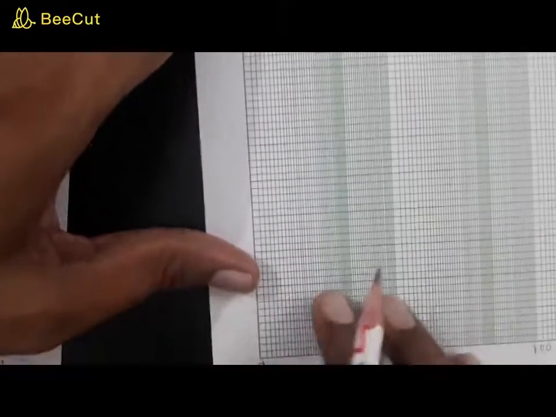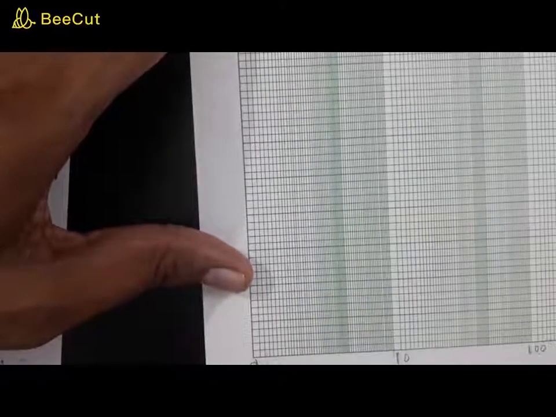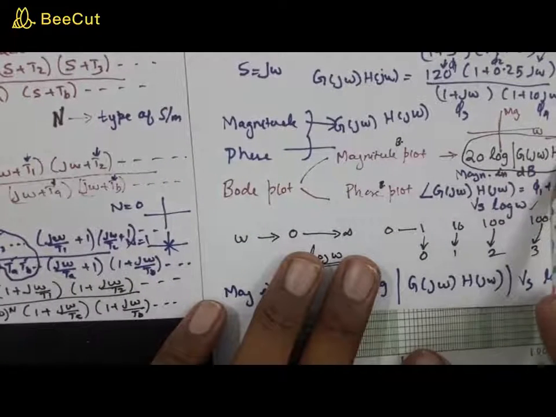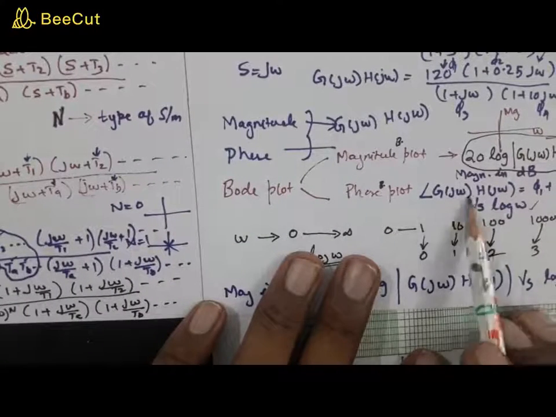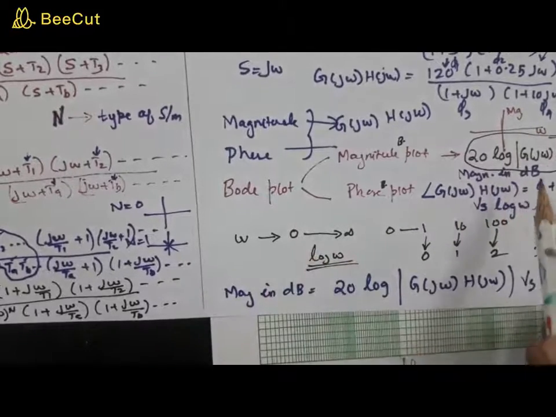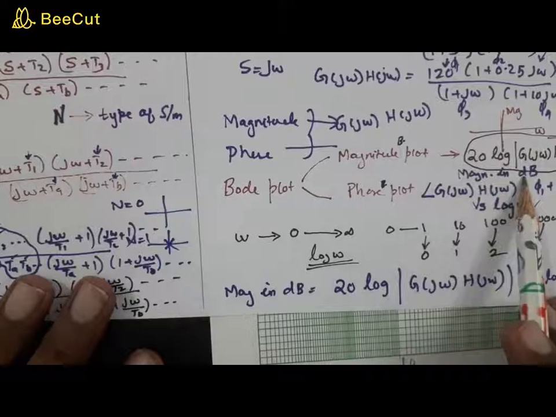So you will understand it when we do the problem. At least you must understand that you have a graph something like this. This is what is called a semi-log graph paper, and on this semi-log we will be plotting 20 log of magnitude of G(j omega) and the angle of G(j omega). Now the magnitude has to be expressed in decibel.